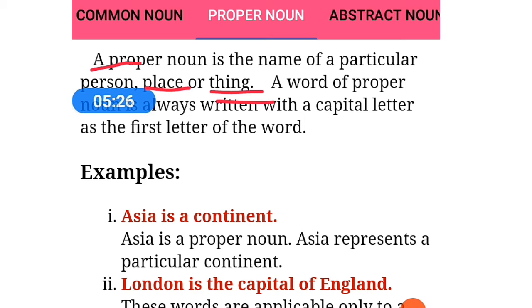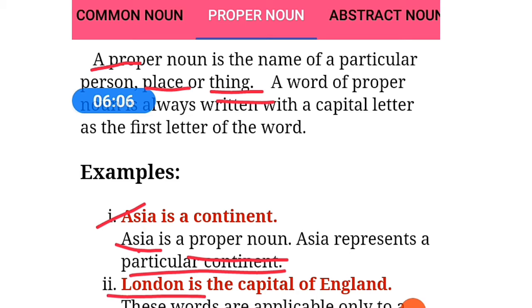Now the name of a thing. We will see here in the examples the name of the thing also. See here, Asia is a continent. Asia is a proper noun, because for this we have to use A in capital letters. It is a proper noun because it is the name of a continent, representing a particular continent. London is the capital of England.